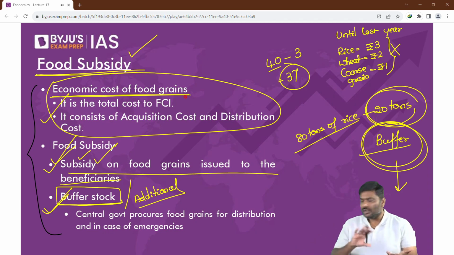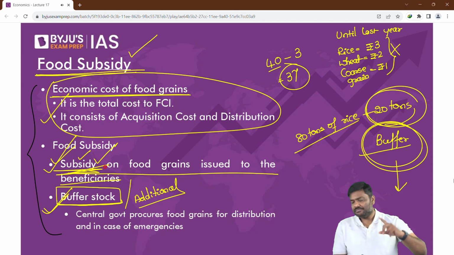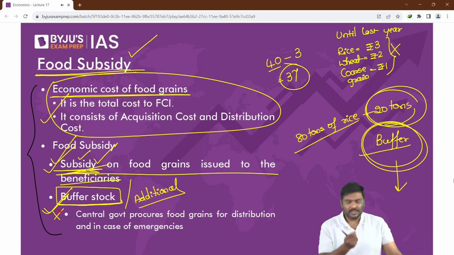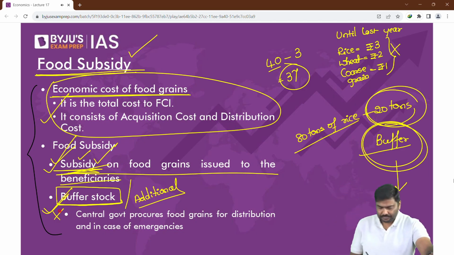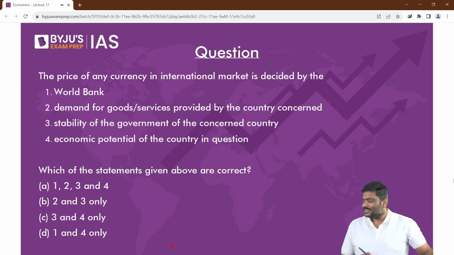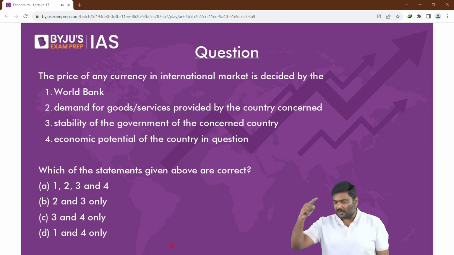Nothing will be charged to you, which means 0 rupee. Which means the economic cost of food grain is nothing but the food subsidy itself. That is the subsidy incurred under NFSA plus buffer stock, whatever is the expenditure on the buffer stock. This is how food subsidy will be calculated now. Can we go forward now?